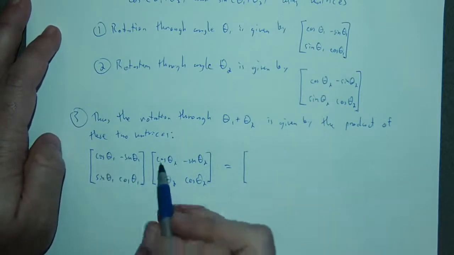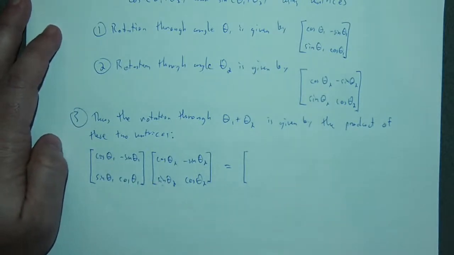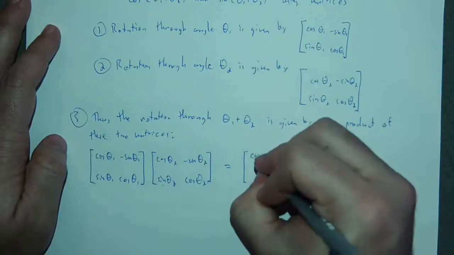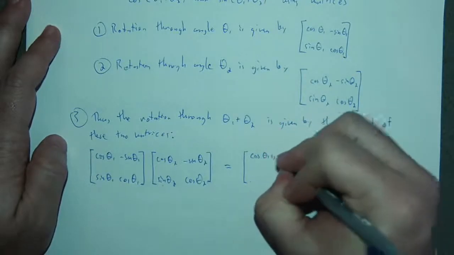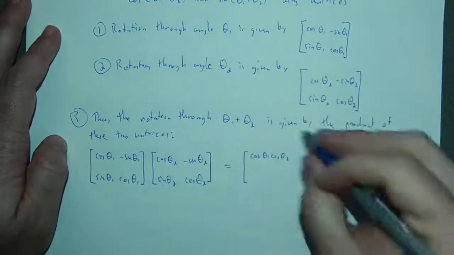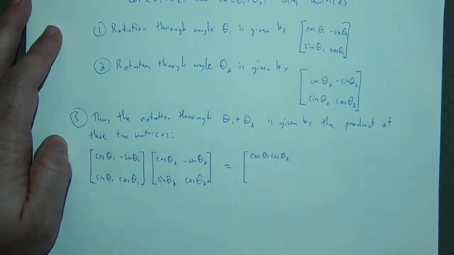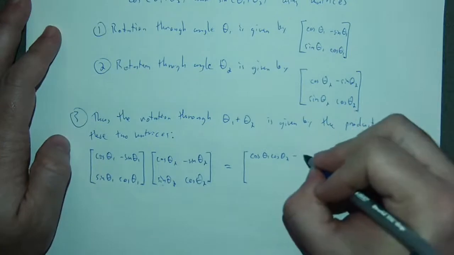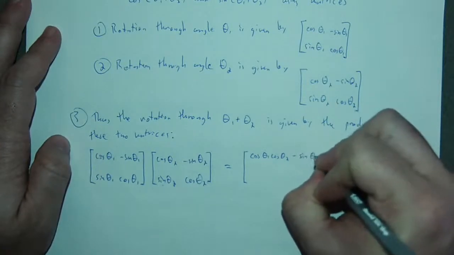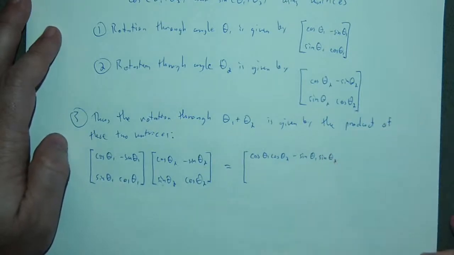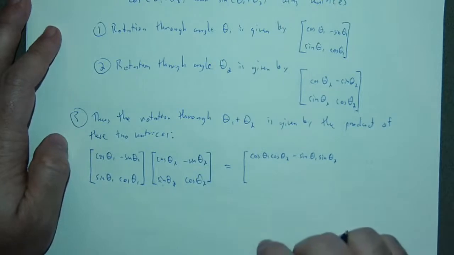So the first entry is going to be cosine of theta sub 1 times cosine of theta sub 2 plus minus sine theta sub 1 sine theta sub 2. So this is minus sine theta sub 1 sine theta sub 2. Okay, so that's in the first slot.